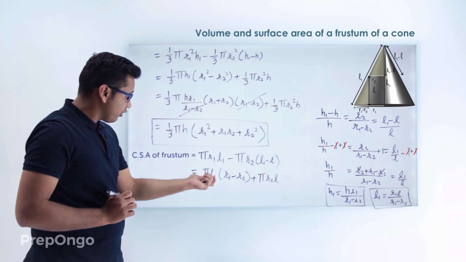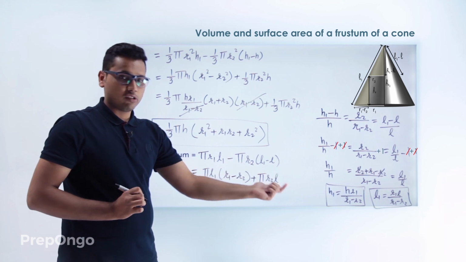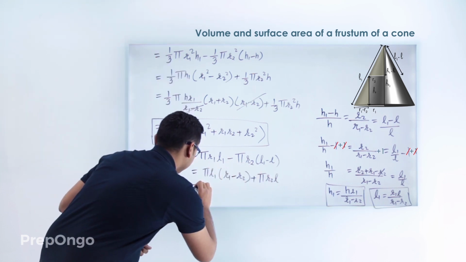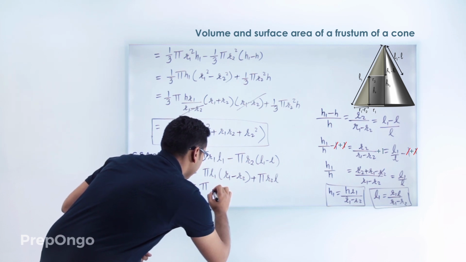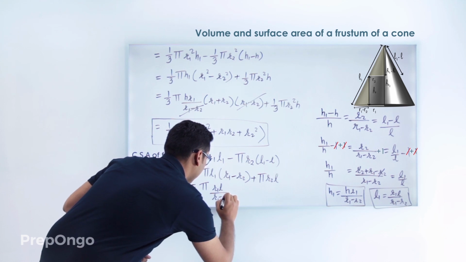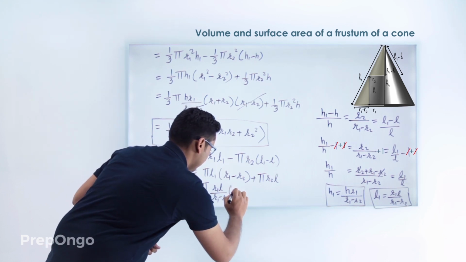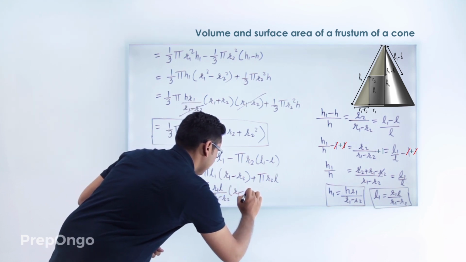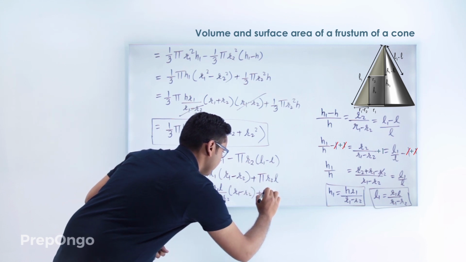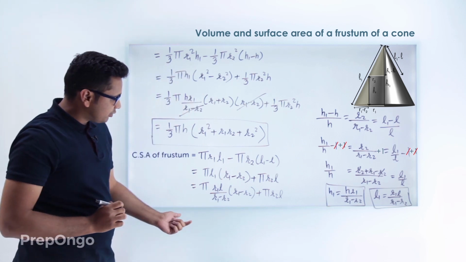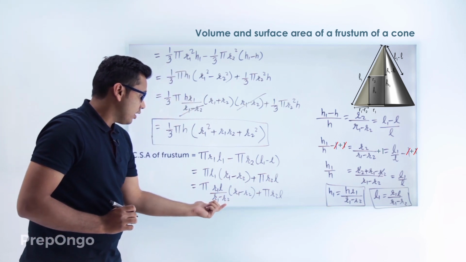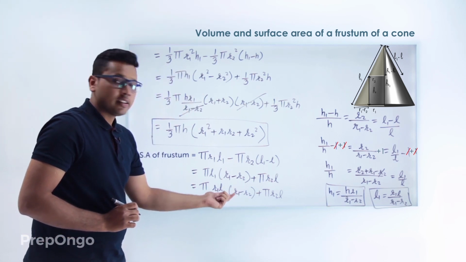Again we can put the value of L1 from this equation. So we'll get pi, the value of L1 is R1 L upon R1 minus R2, and this is R1 minus R2, and plus pi R2 L. Now if you again observe, this R1 minus R2 and this R1 minus R2 will get cancelled.